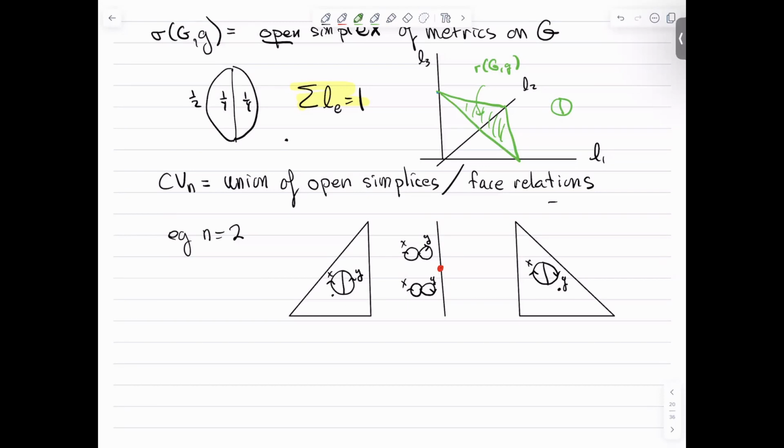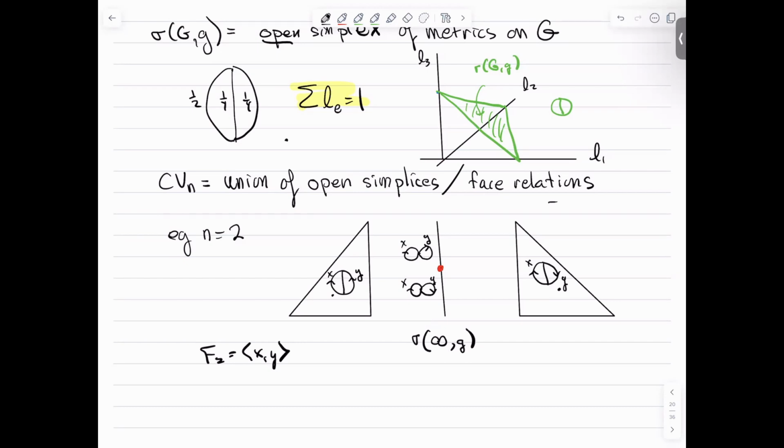Well, in the middle here, I have the simplex sigma of that with some marking. The marking is indicated, we say F2 is XY. And I'm making X go around the left-hand loop and Y go around the right-hand loop.